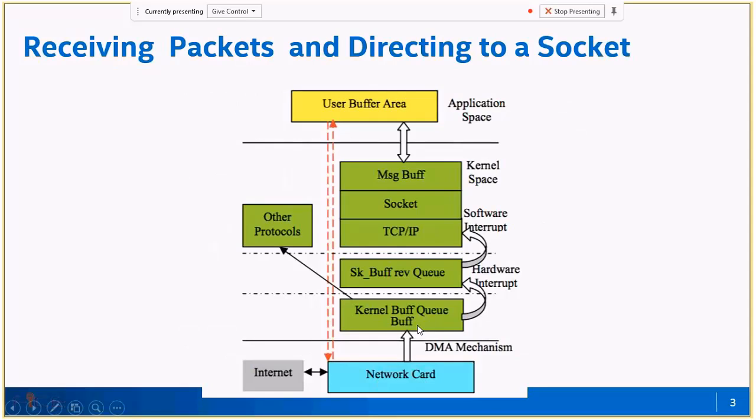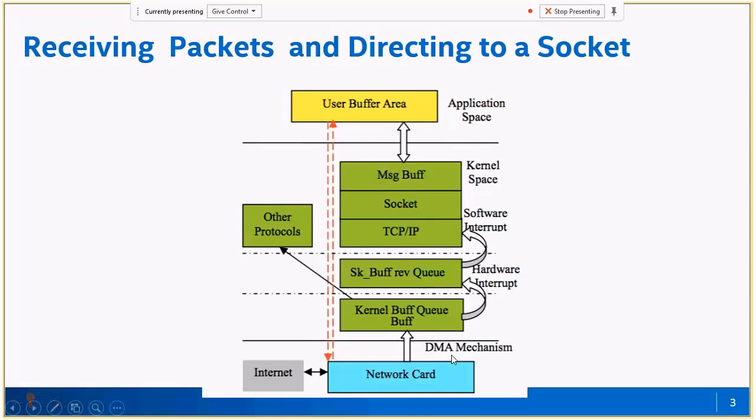So how are the packets received? You have the DMA mechanism, where each NIC can transmit a packet to memory, wired to the respective socket receive queue, without disturbing the CPU.